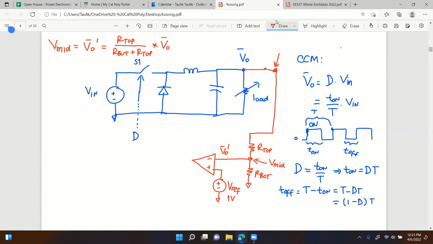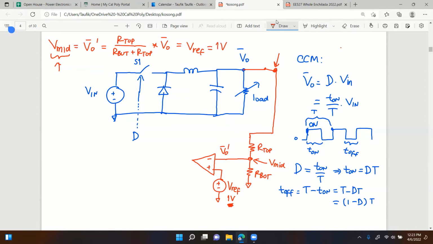If I know what I want, this is defined to be your Vref, the reference voltage. So if your reference voltage is 1 volt, then V out prime or V mid should be set to 1 volt as well.